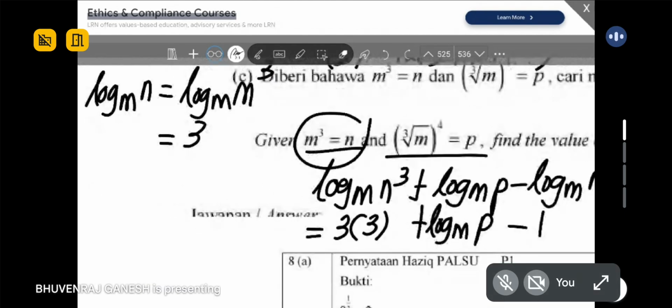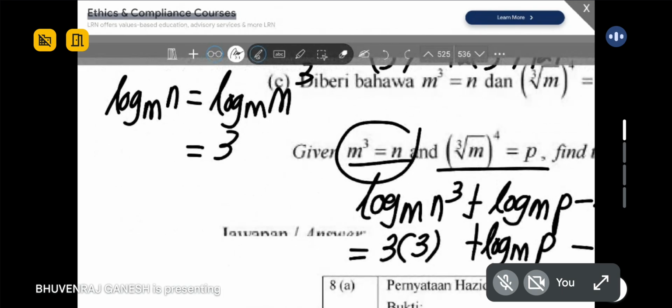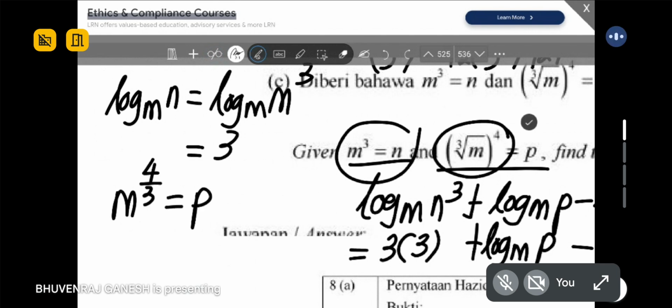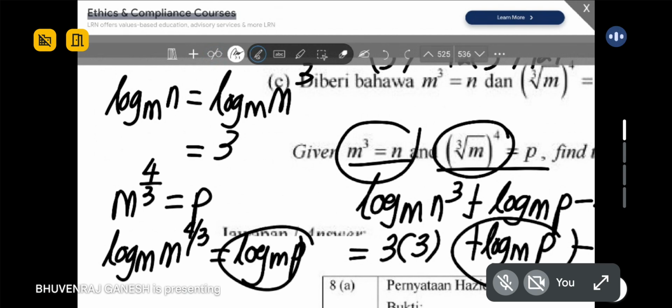Okay, all right. So this one, the second information, you have m power 4 over 3 equal to p. I convert this, guys, tukar sikit. Okay, you must know how to convert. Okay, so it's 4 over 3. Okay, so you add log m again, log of m power 4 over 3 equal to log mp. So guys, see the similarity here.